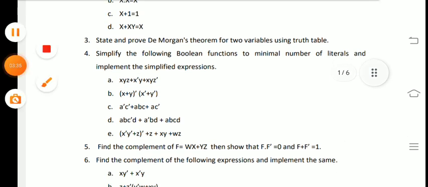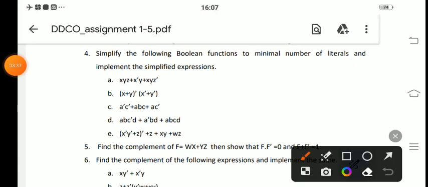Next, the fourth question is: simplify the following Boolean functions to a minimum number of literals and implement the simplified expression. These are the expressions I have given. Try to solve this.